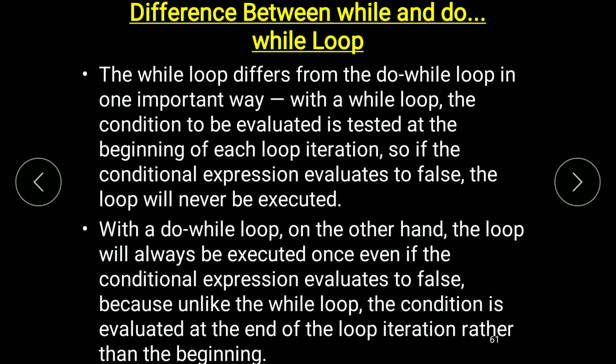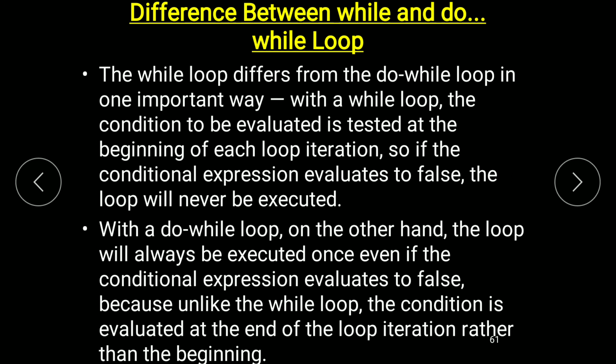The while loop differs from the do while loop in one important way. With a while loop, the condition to be evaluated is tested at the beginning of each loop iteration. So if the conditional expression evaluates to false, the loop will never be executed.